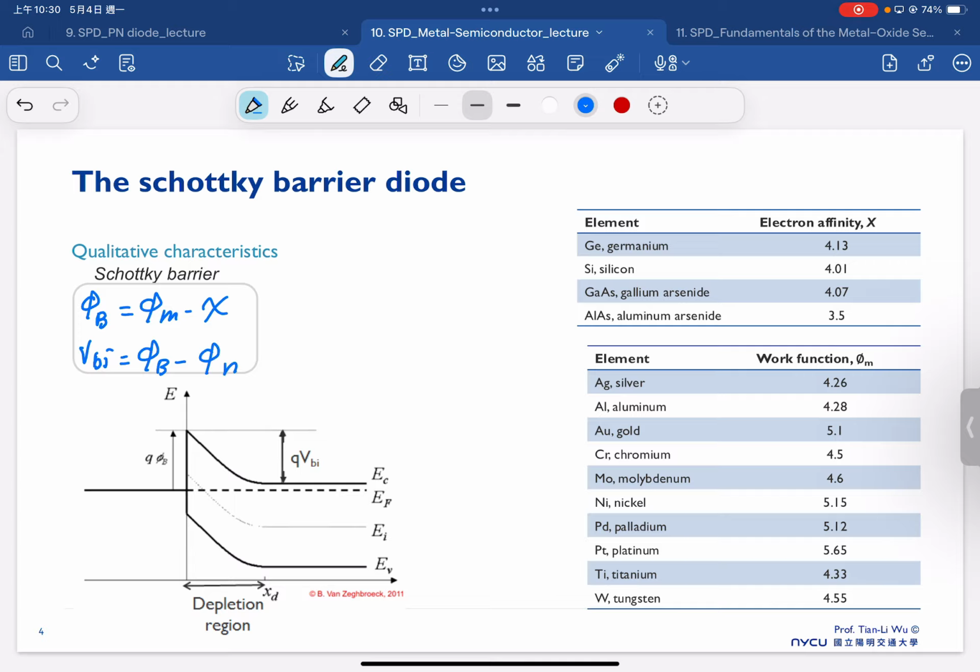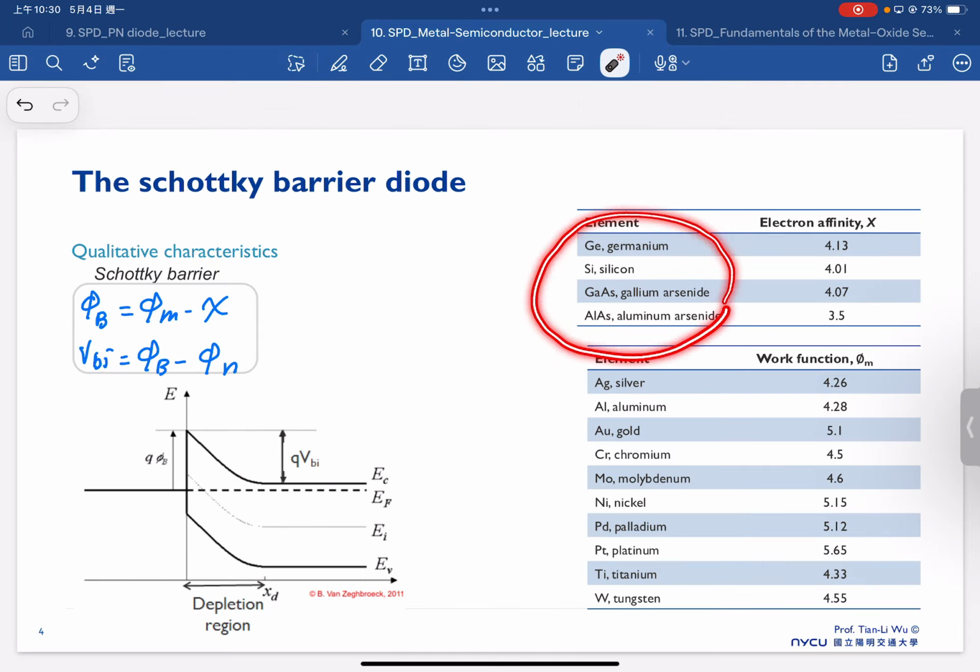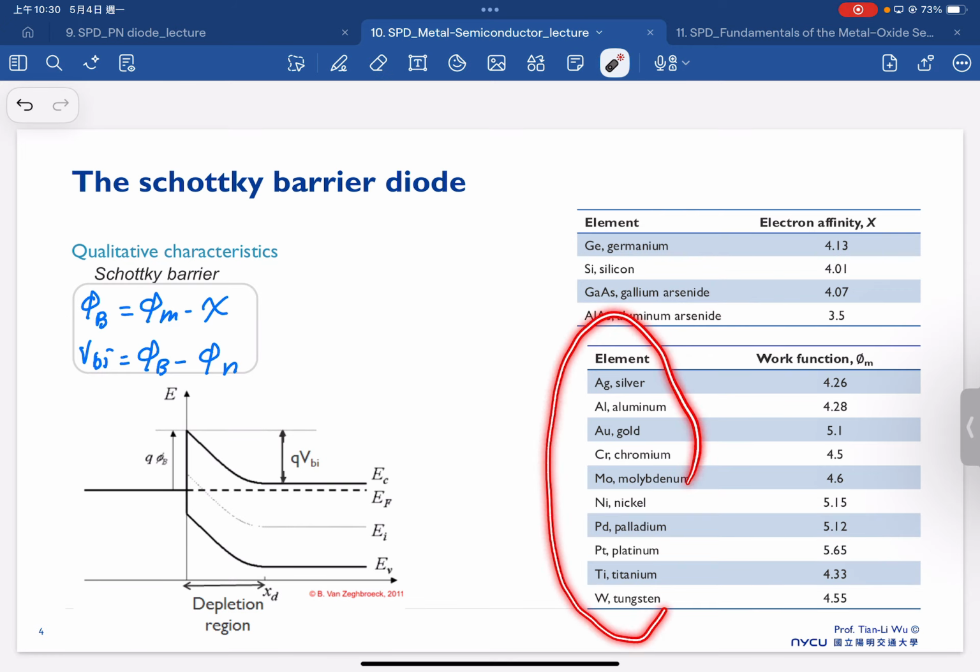So now we can start to understand that the Schottky barrier height, which is phi B here, is highly determined by the electron affinity and also the metal work function. If we consider different semiconductors, that will give us a different electron affinity, and a different metal on top of the semiconductor will give us a different metal work function.